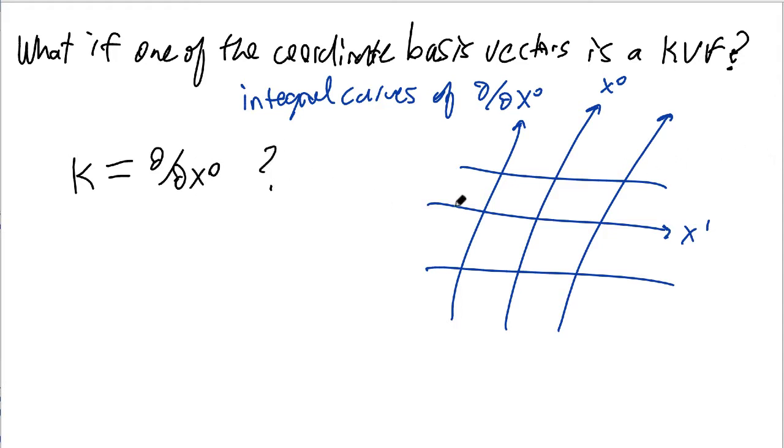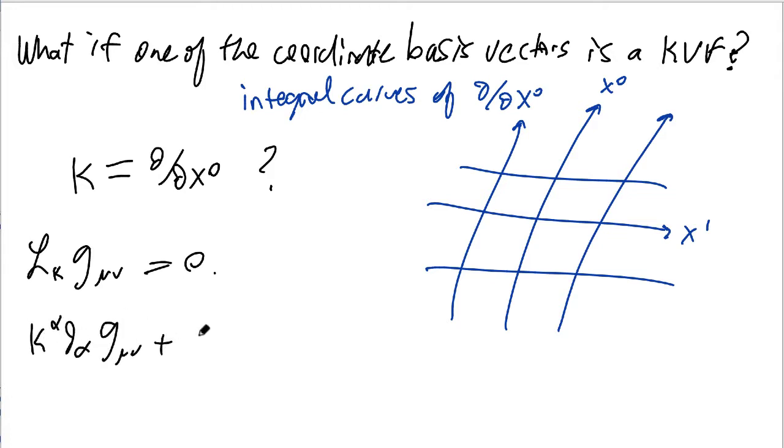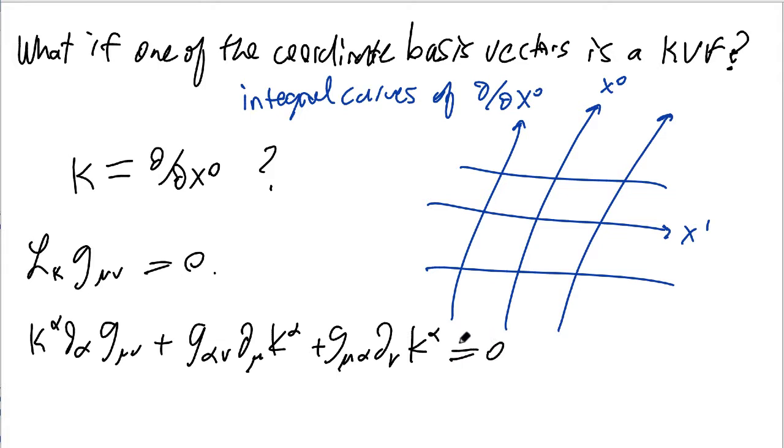Well, let's take a look at what the condition for a Killing vector field tells us. We have the Lie derivative along the Killing vector field of the metric vanishes. So that's K alpha partial alpha g mu nu plus g alpha nu partial mu K alpha plus g mu alpha partial nu K alpha equals 0.